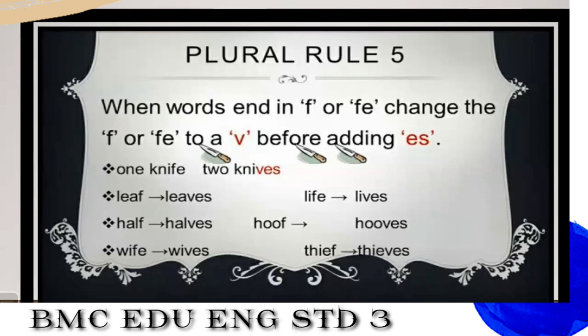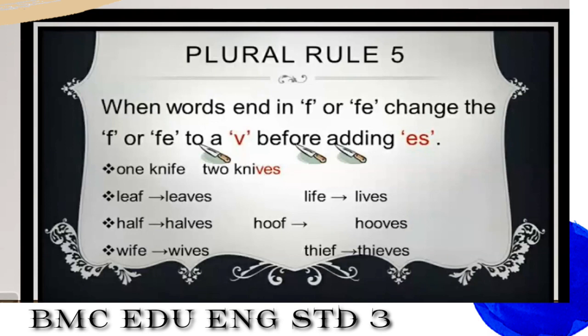Leaf. In the word leaf, see, it is ending with the letter F. L-E-A-F, leaf. It is ending with F. So to make it plural, what you have to do? You have to add V-E-S. So it becomes leaves. Leaf, leaves. Half, halves. Wife, wives. Life, lives.